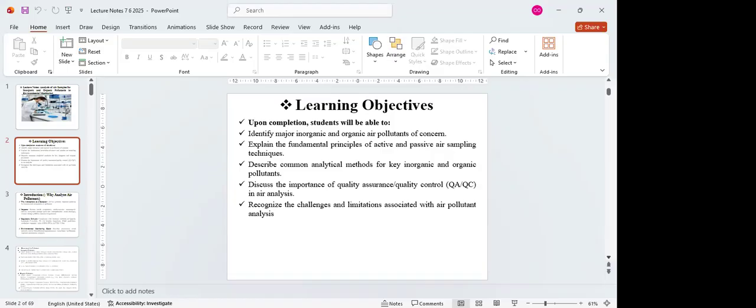The other one is to ensure that you are able to discuss the importance of quality assurance and quality control, the abbreviations QA and QC, in air analysis. And then you should be able to recognize the challenges and limitations associated with air pollutant analysis.